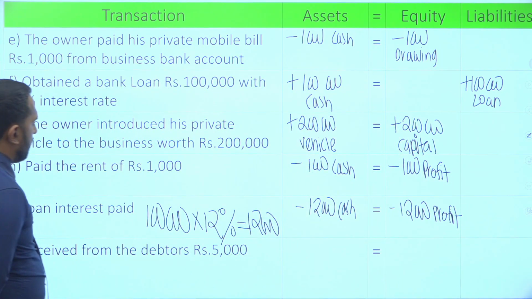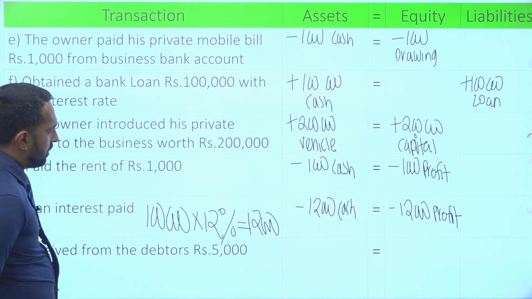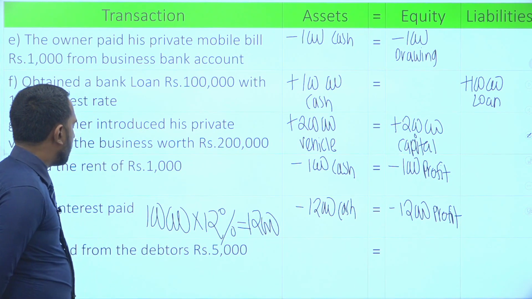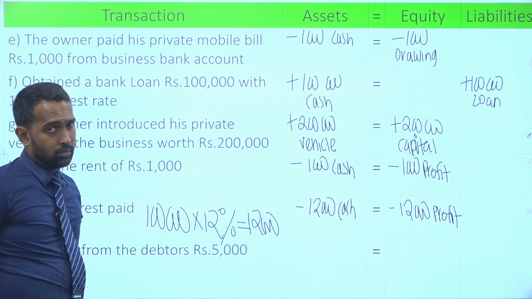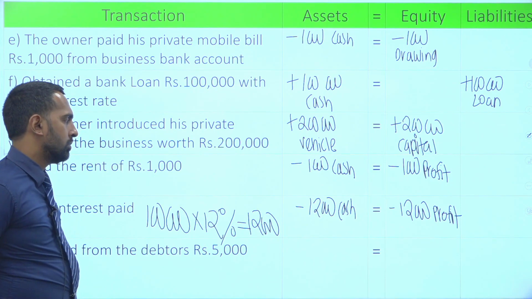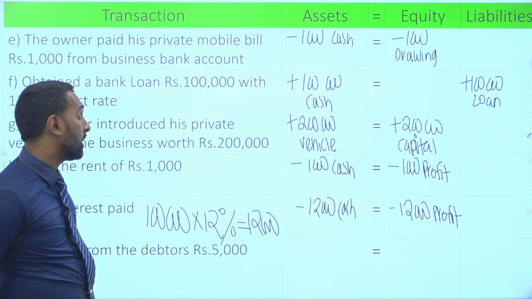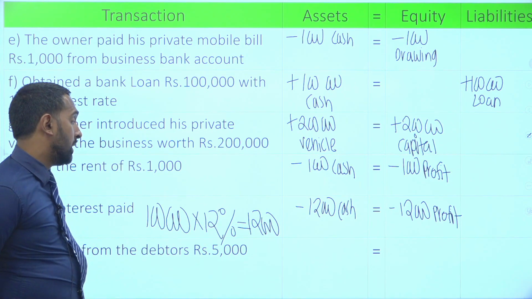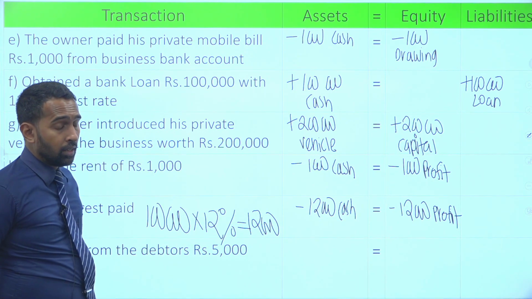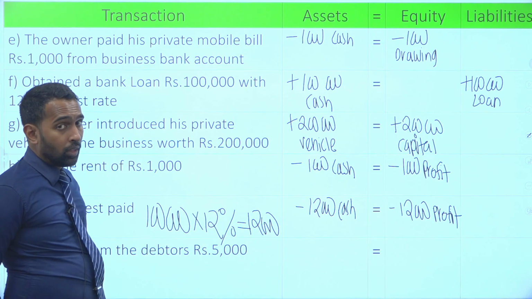Right. Then receive from the debtors 5,000. We made a credit sale of 10,000, no?